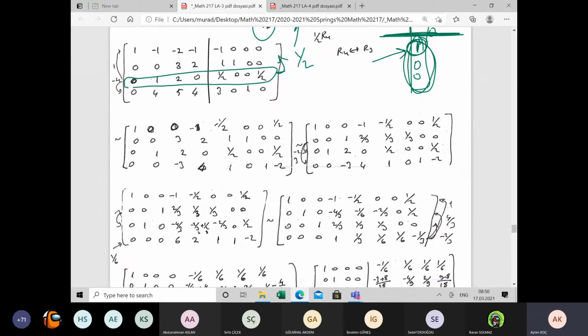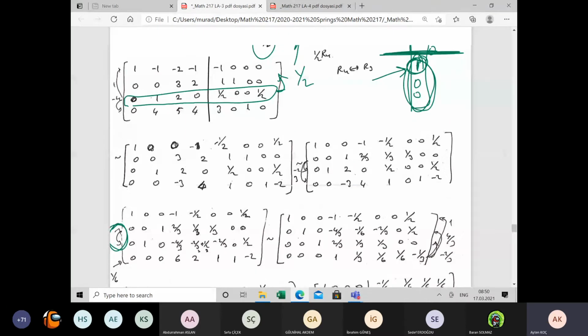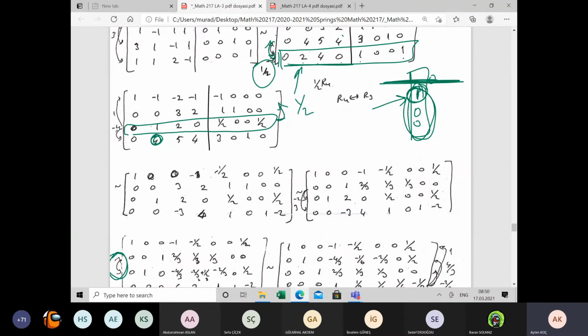Yes, this one. So the next one, to get 0 here, how to get 0? This one should be 0. So multiply -1 over 4, and then we obtain this one.